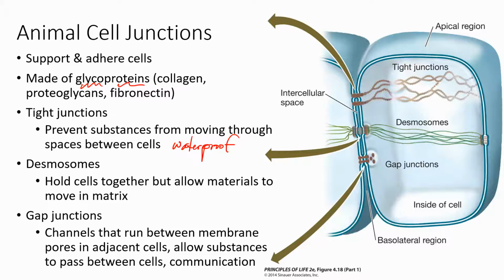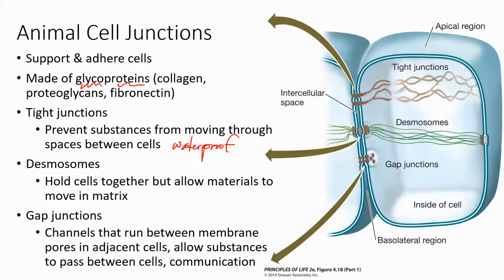Desmosomes will link cells to each other, but they will still allow stuff to move between those cells. So any cell layers that you want stuff to be able to flow through or flow between, you're going to have held in place by desmosomes. And gap junctions are kind of like plasmodesmata in that they allow stuff to move directly from one cell to another without having to pass through the cell membrane.